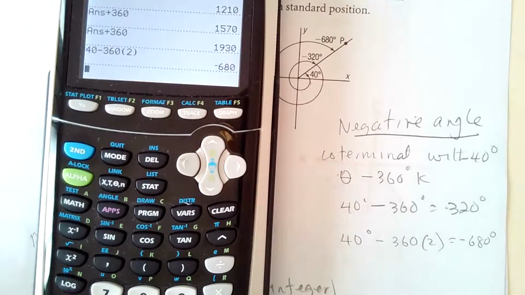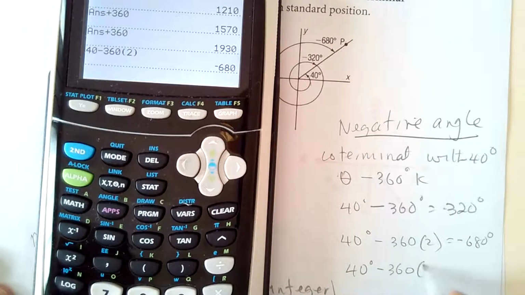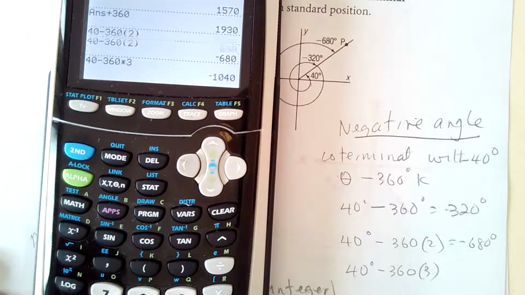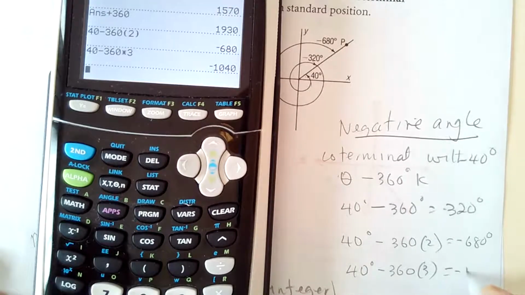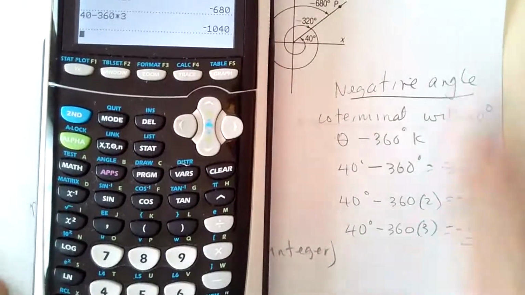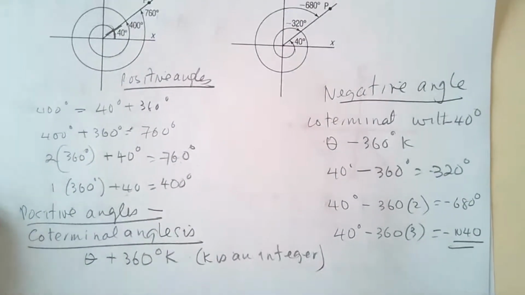If you continue, you could get another one, 40 degrees minus 360 times 3, which would be negative 1040. So you can see you can continue this forever.